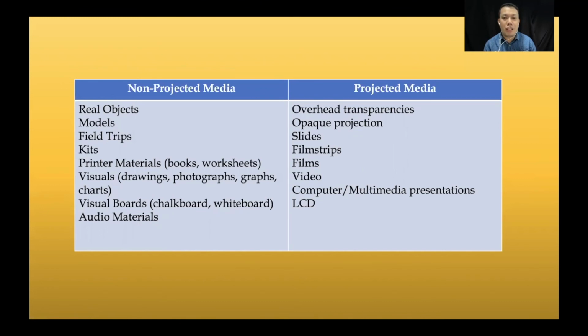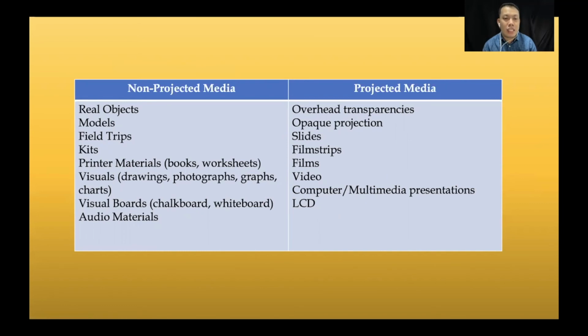So we have non-projected media and projected media. Though some of these are already obsolete, meaning that they are no longer being used in the classroom. For non-projected media, we have the real objects. So for example, your topic is about plants and you brought plants in your classroom and show it to your students.